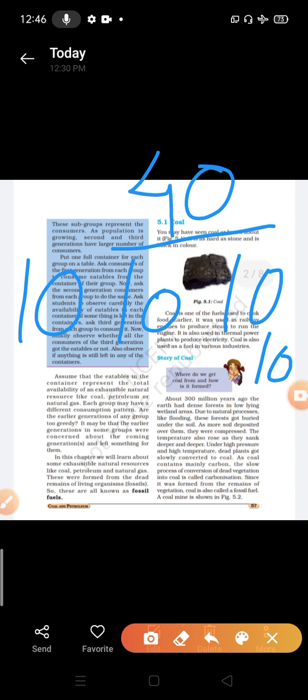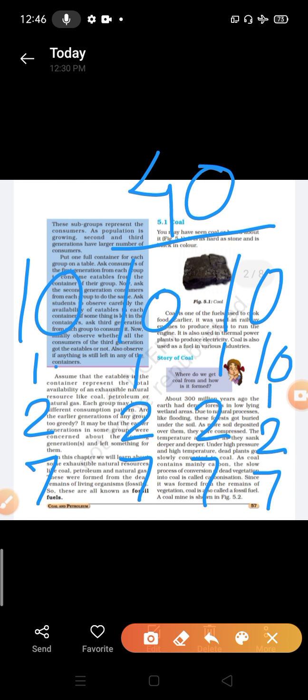Among these 10, I make subgroups: a group of 1 student, a group of 2 students and a group of 7 students.